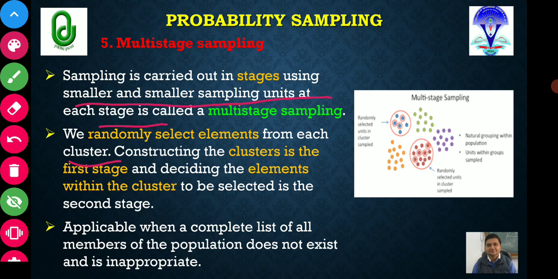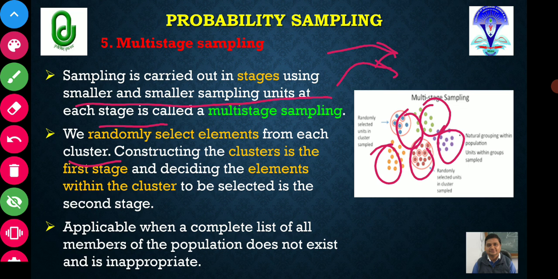First of all, we cluster the population into different clusters, and from those clusters we take elements. So here the sampling is done in two stages. First is the cluster formation. We select the clusters and then we select individuals from those clusters. This is why it is called multi-stage sampling.